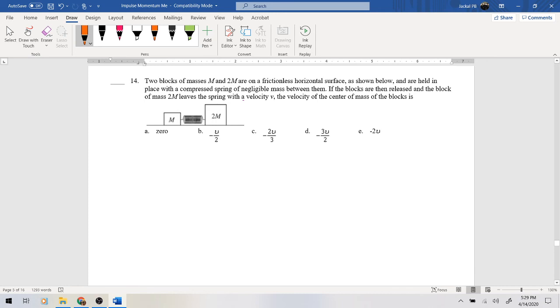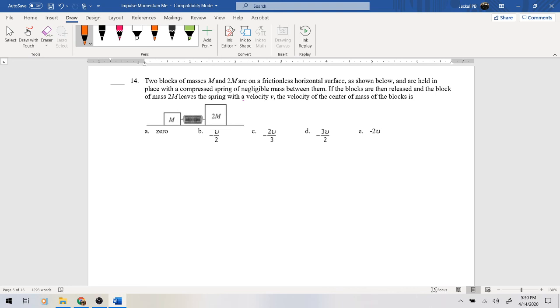All right, two blocks of M and 2M are on a frictionless horizontal surface as shown below and are held in place with a compressed spring of negligible mass between them. If the blocks are then released, block 2M leaves with a velocity v, and what is the velocity of the center of mass?